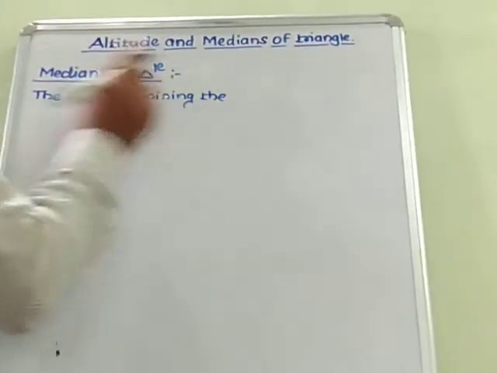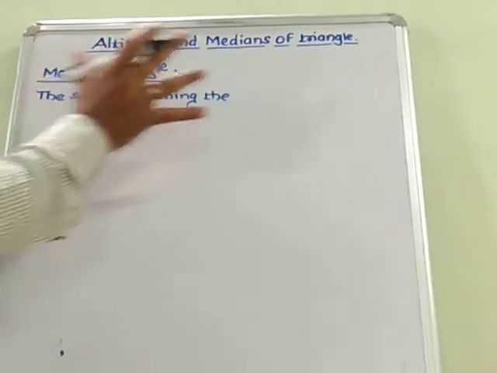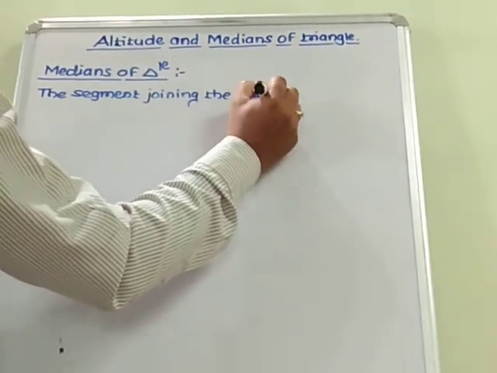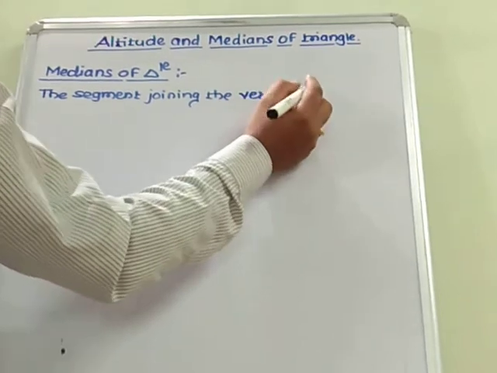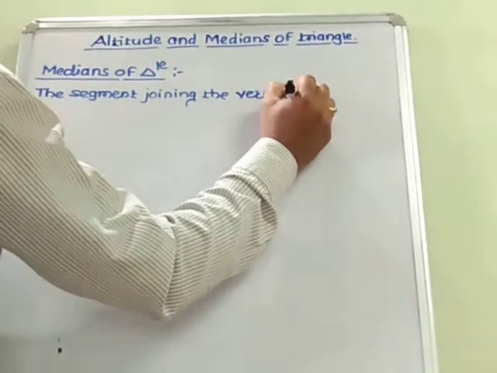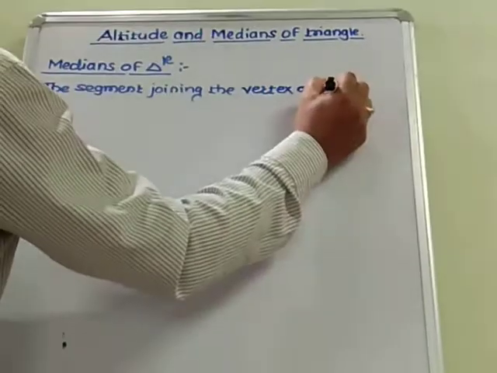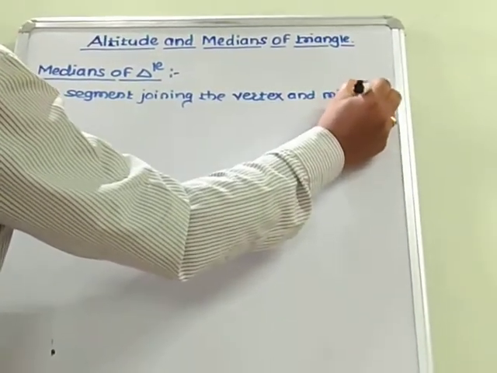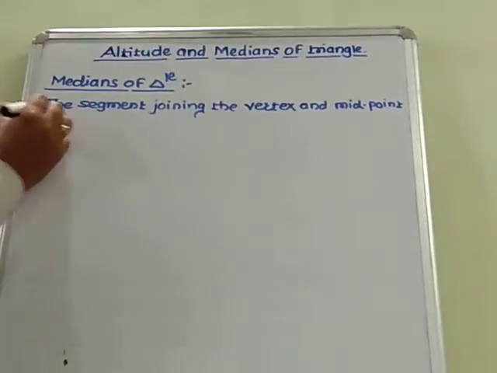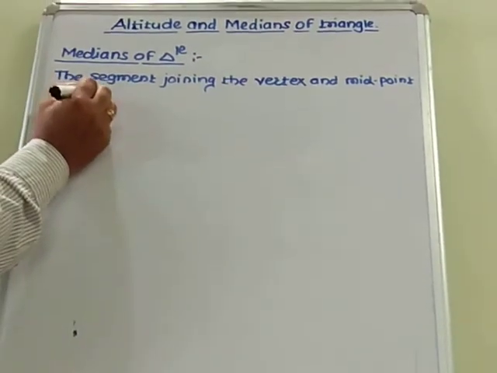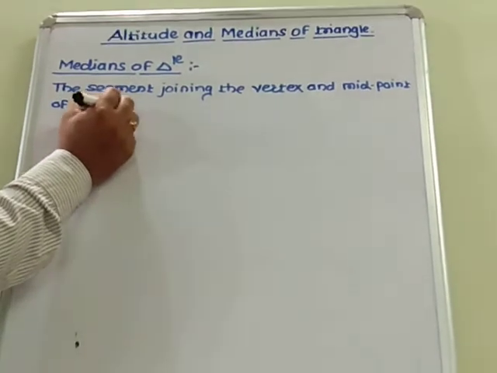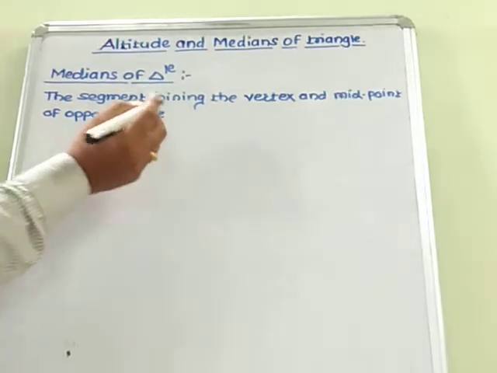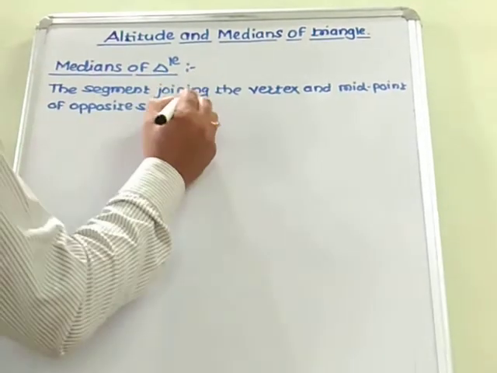Medians of a triangle: the segment joining the vertex and the midpoint of the opposite side is called a median of a triangle.